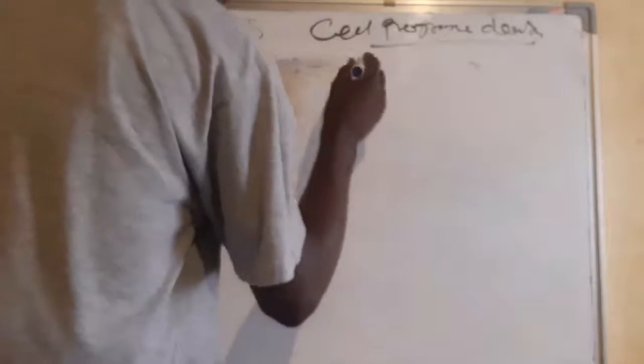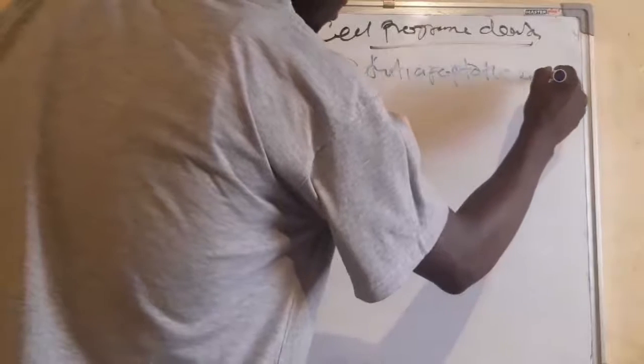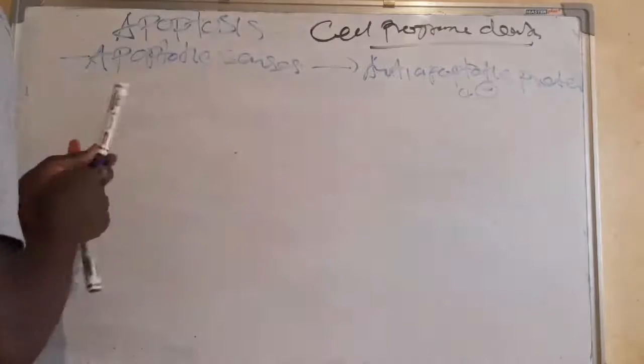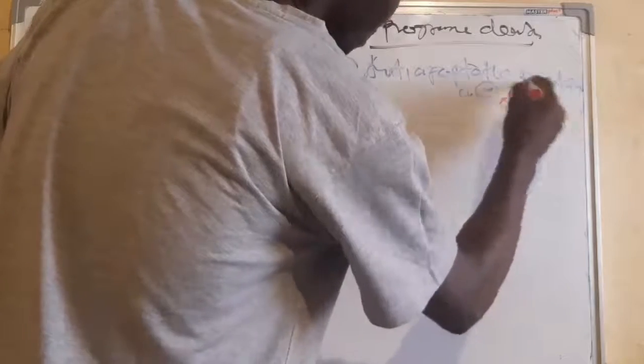Let's start from the pro-apoptotic. It starts from the apoptotic sensors, which activate the anti-apoptotic proteins if mild. These anti-apoptotic proteins inhibit the process.